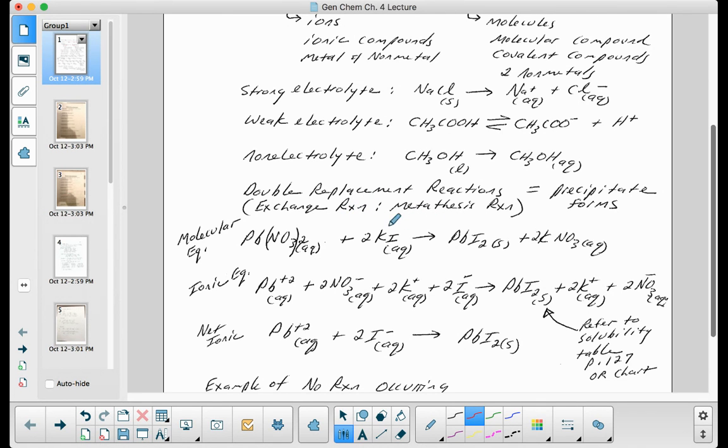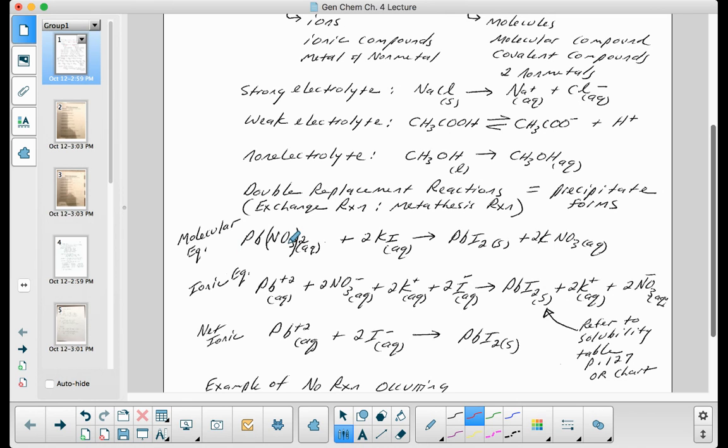I always refer to them as double replacement reactions, but they're all the same. So let's say we have something like this: lead nitrate, aqueous solution, potassium iodide, aqueous solution, and these are the two possible products. We would call this, the normal double replacement reaction, the molecular equation.